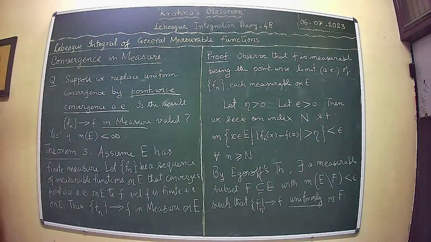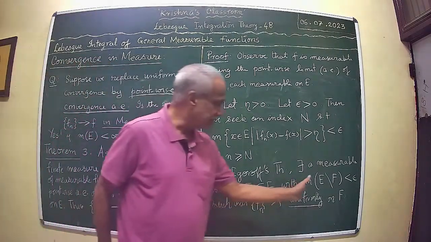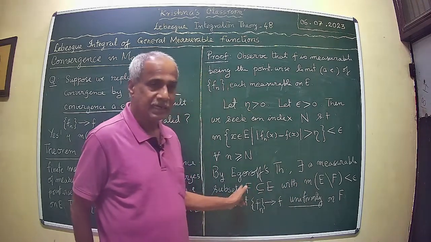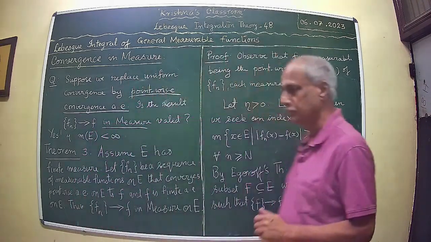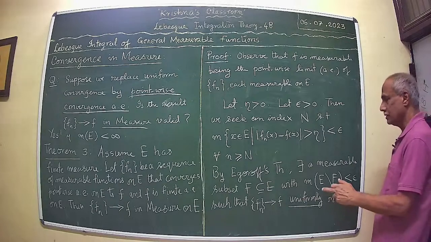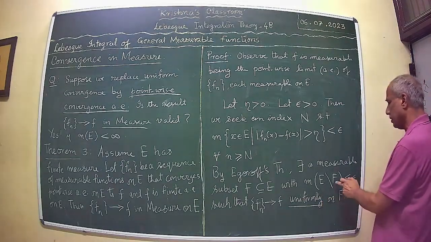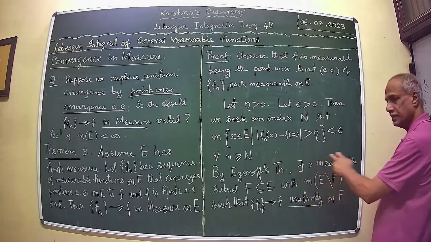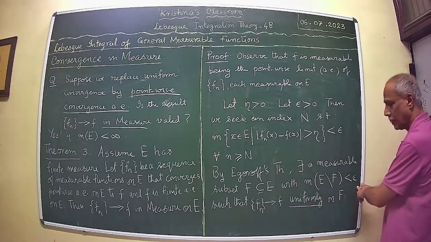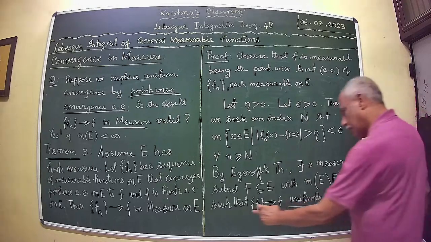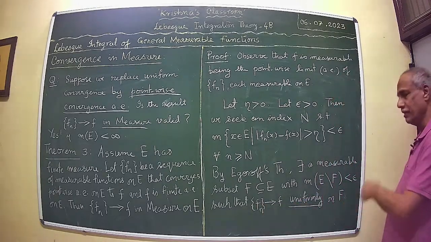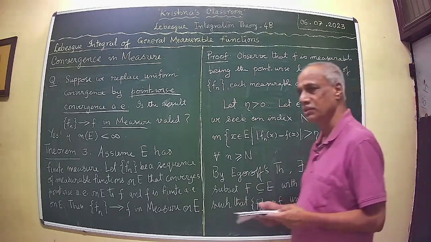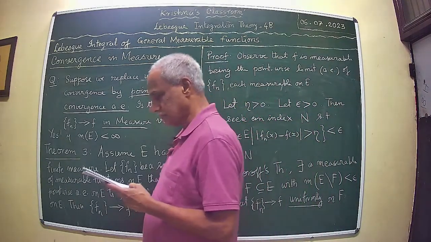That nearly factor is coming here because there is a measurable subset F of E such that on the complement of F in E, the measure of that set is less than epsilon, and on F the sequence Fn converges uniformly to F.